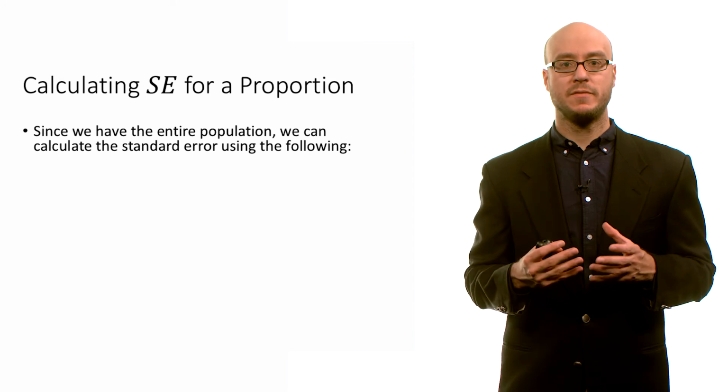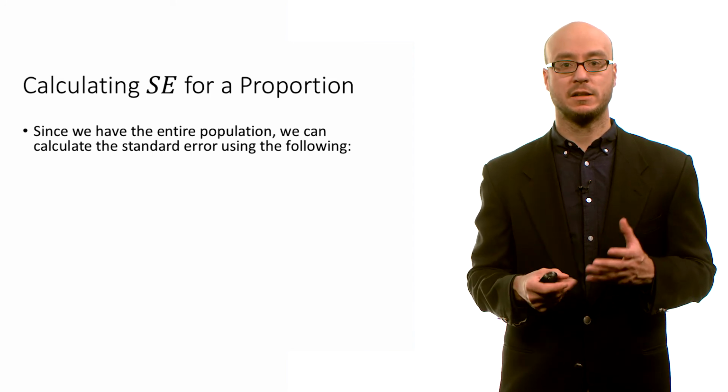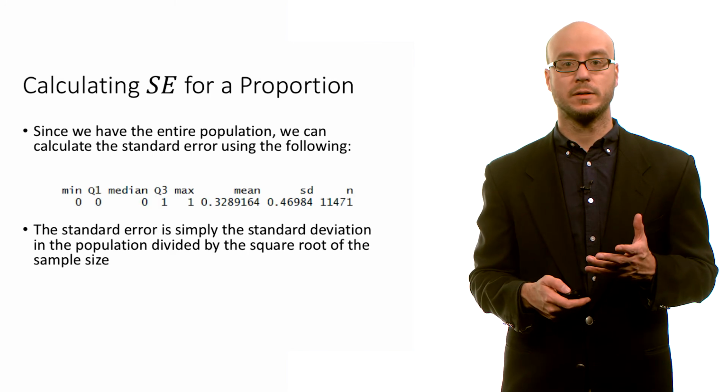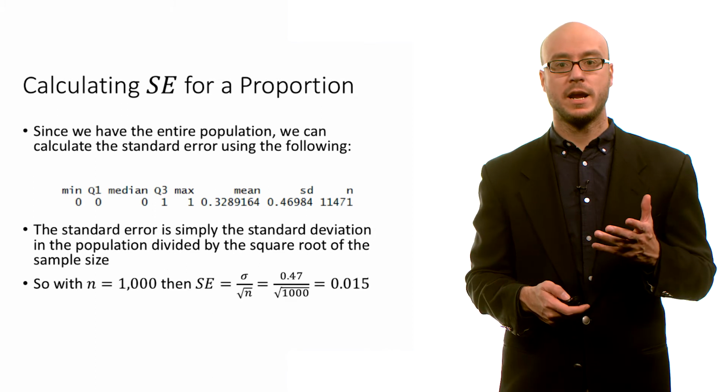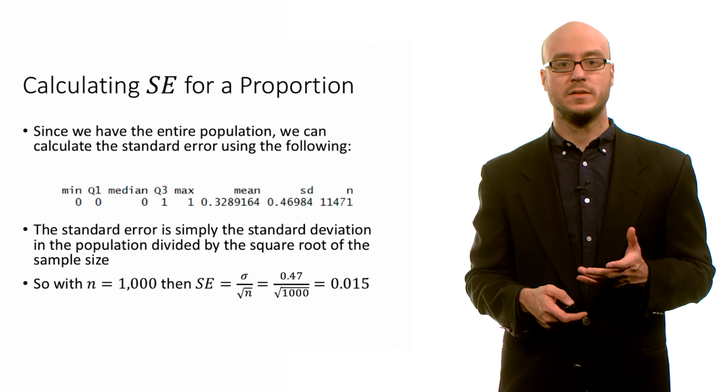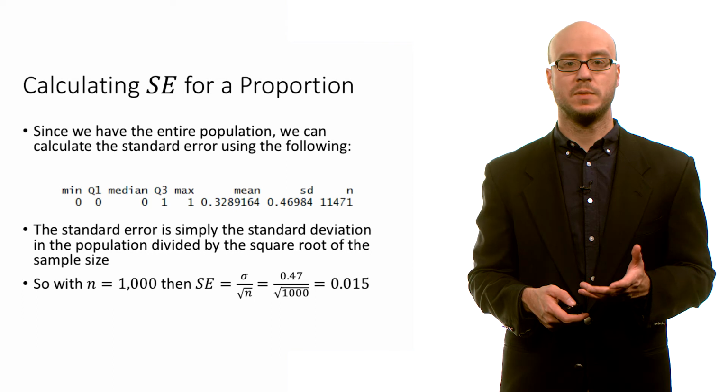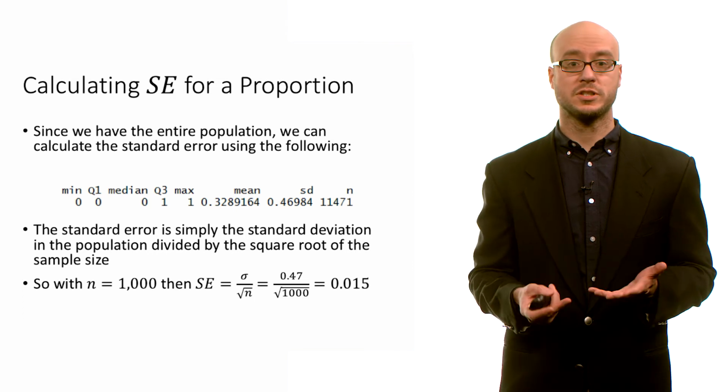You might ask, though, what is the standard error? What is the standard deviation for this sampling distribution of the sample proportion? Well, since we have the entire population, we can actually calculate the standard error using the following. The standard error is simply the standard deviation in the population divided by the square root of the sample size, just like before.